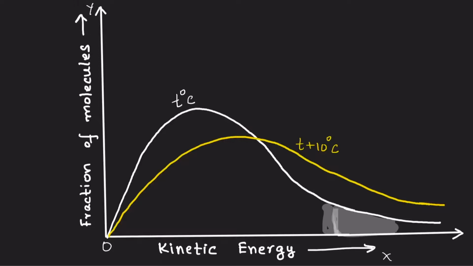Now let's shade that region as well. Now if you see over here, the number of particles which have that necessary activation energy has almost got doubled by increasing the temperature by almost 10 degrees Celsius.